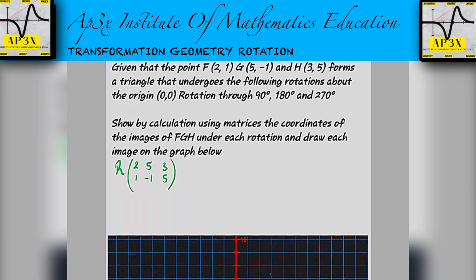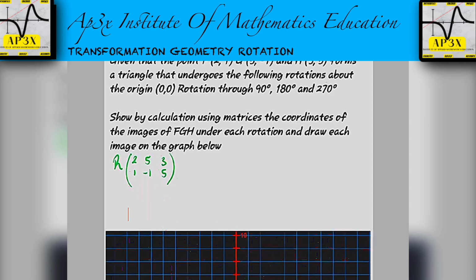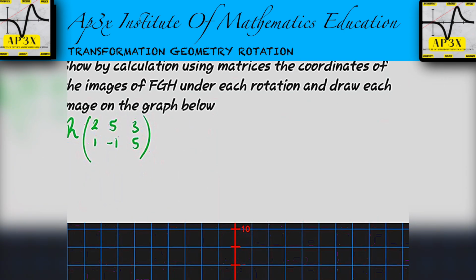Let's make sure that we have the points correct. So (2, 1), (5, -1), (3, 5), right? Once I rotate this through 90 degrees anti-clockwise, then what's going to happen is that the points are going to flip and the y is going to change. So (2, 1) is going to become (-1, 2).